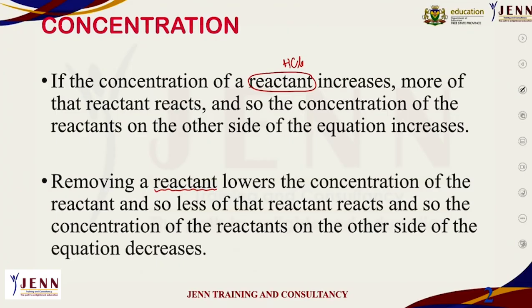So please make sure that if I put something in on the left-hand side, the equilibrium point is going to shift to the right. If I take something out on the left-hand side, then the equilibrium must shift to the left-hand side to put that reactant back again.